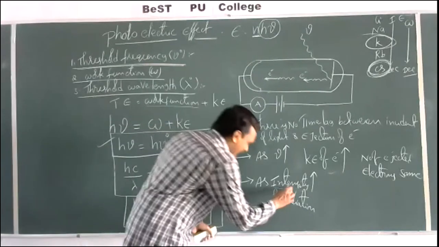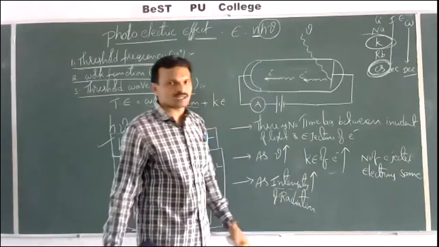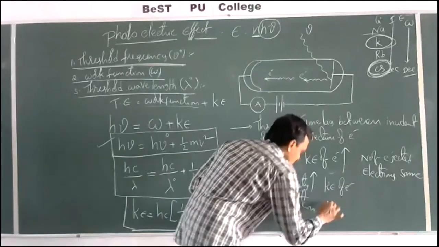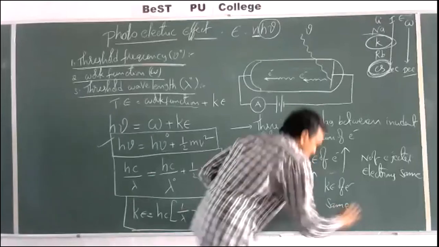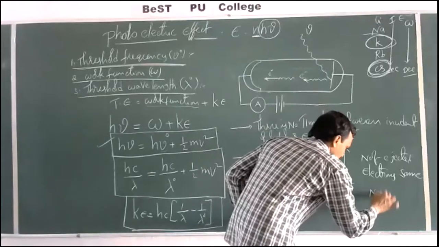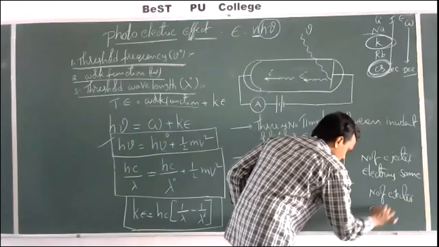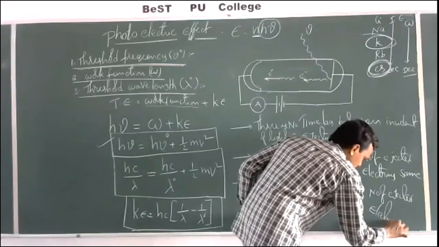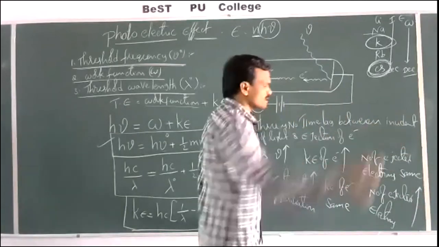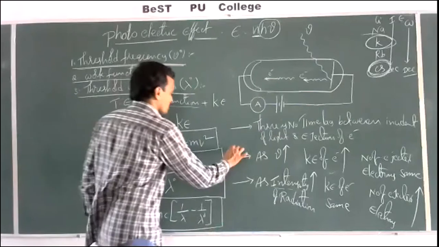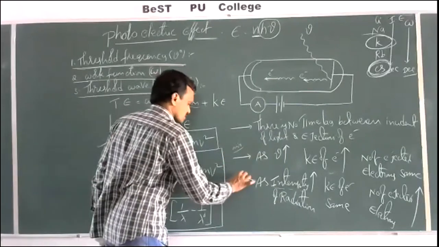So as the intensity of radiation increases, the kinetic energy of electrons remains the same, but the number of ejected electrons increases. Just remember these 2 points, they are important in objective examinations. They are asking questions based on this.